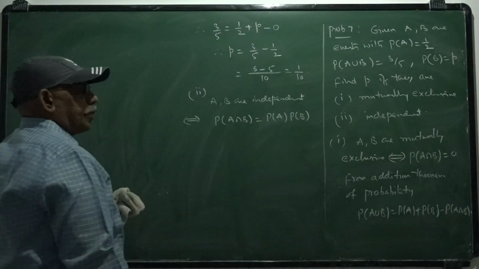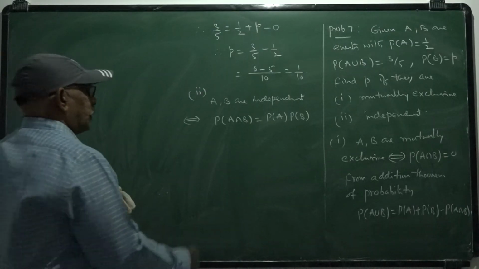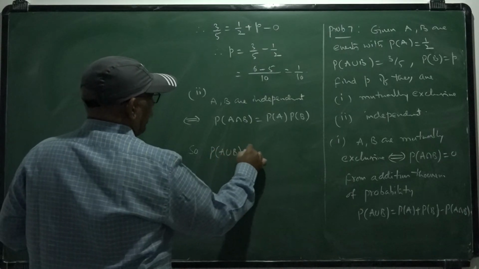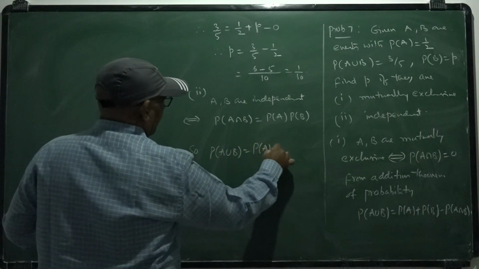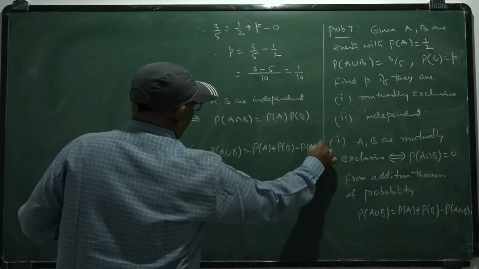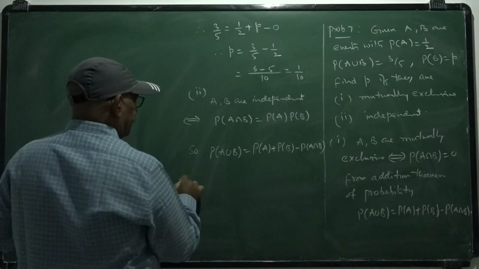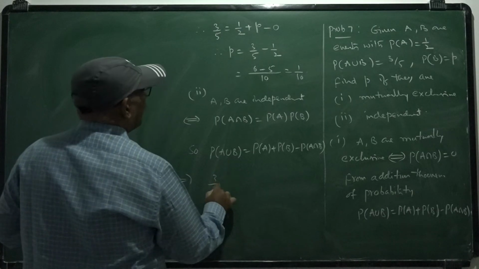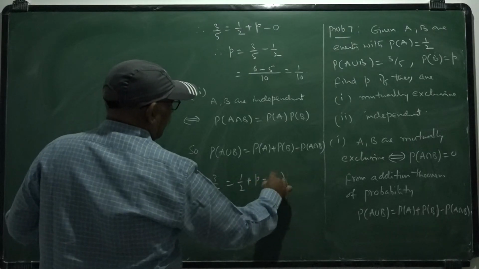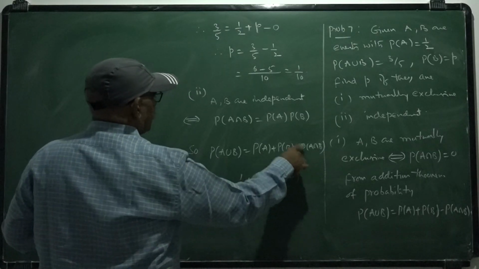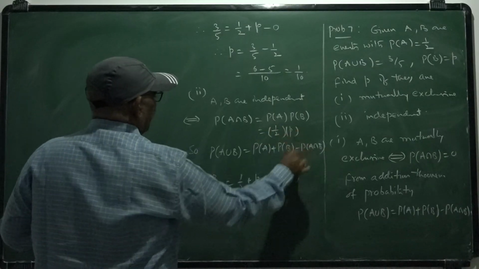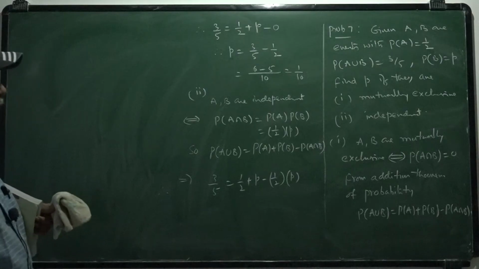Probability of A intersection B is P(A) into P(B). So, by the addition theorem, probability of A union B equals P(A) plus P(B) minus P of A intersection B. This implies 3/5 equals 1/2 plus p minus 1/2 into p, because this is the product of P(A) into P(B).